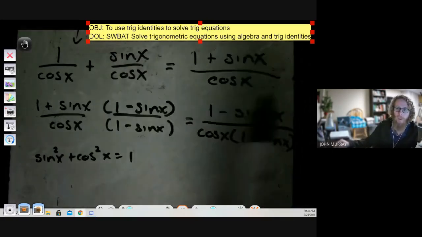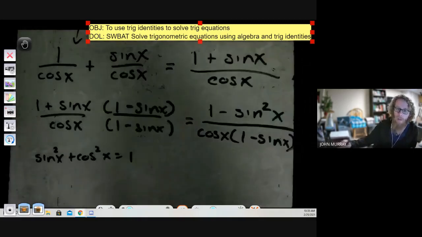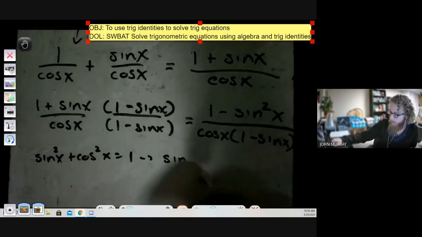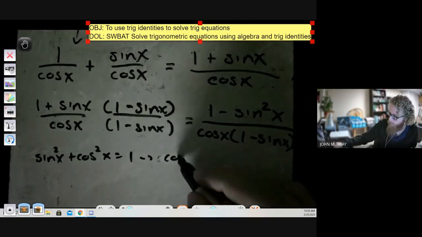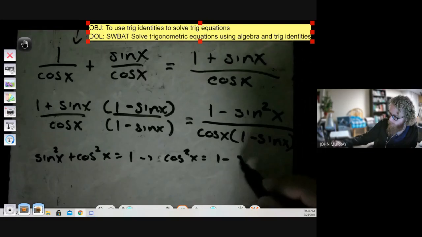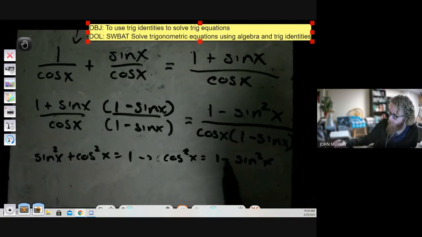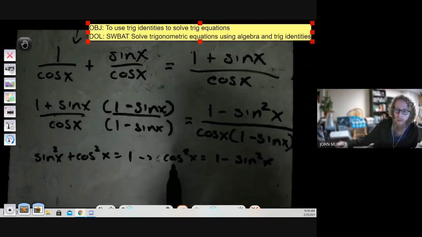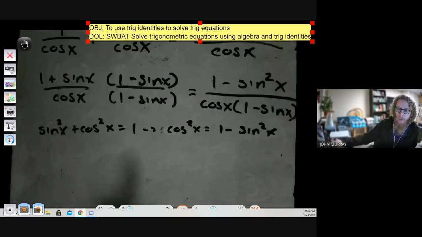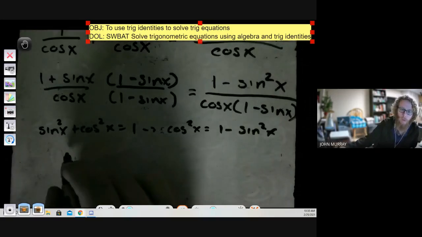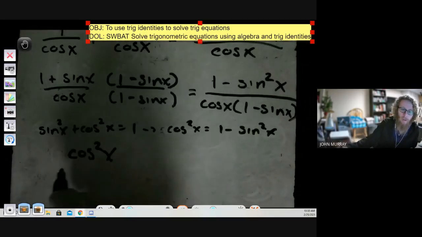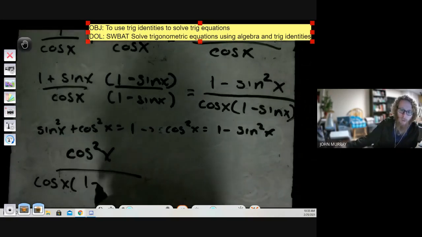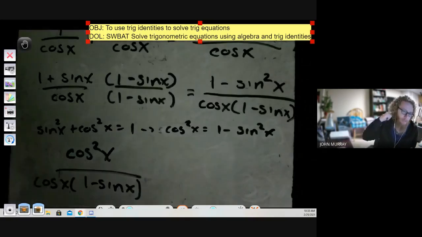That's not exactly what I have here, so let's manipulate this so it looks like this. I can subtract sine squared from both sides. And I see that 1 minus sine squared, I can substitute that for cosine squared. So the numerator becomes cosine squared, and that's all over cosine times 1 minus sine.